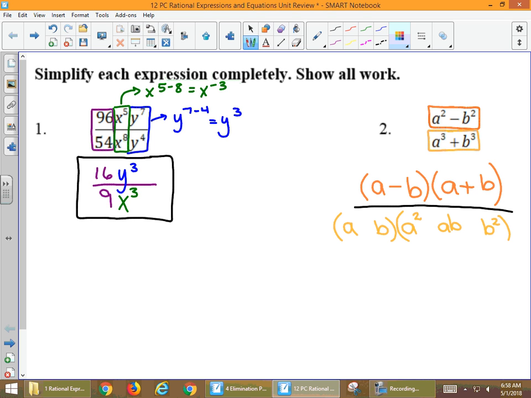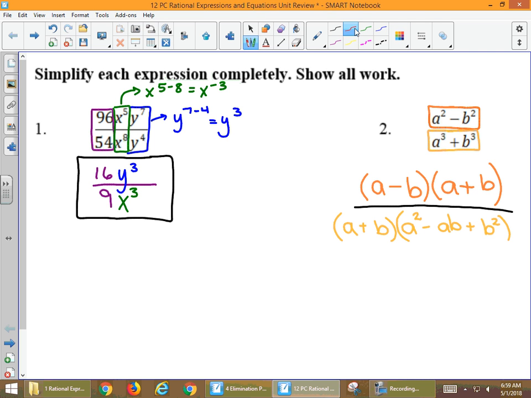And then your signs are SOAP. So same, opposite, always positive. So the signs are SOAP. Your other pattern there, your A's and B's, that's something that you just have to memorize.